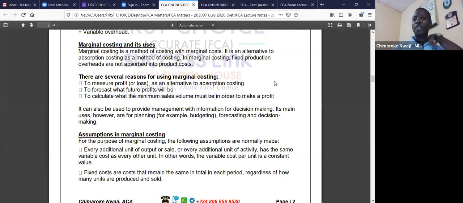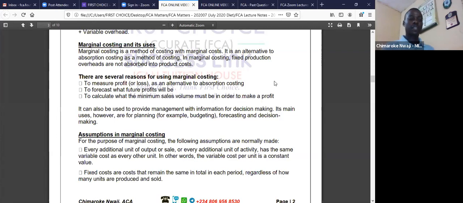That is called cost volume profit analysis, your CVP analysis. I believe the other lecturer taught you CVP analysis yesterday. And so one of the uses is we use marginal costing to determine our CVP.